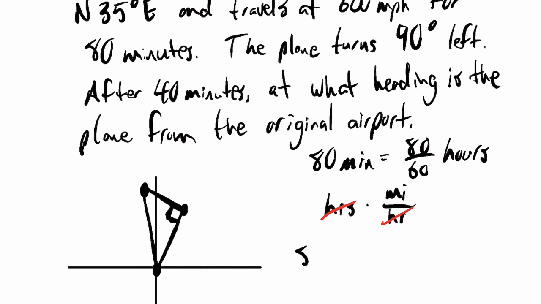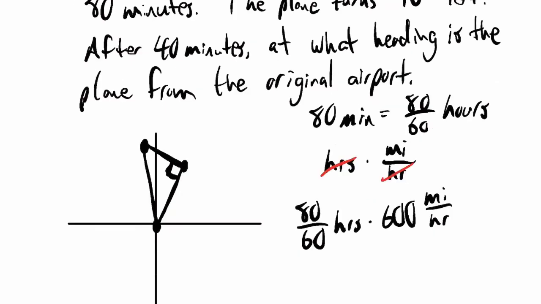So if I do 80 over 60 hours and multiply by 600 miles per hour, I can cancel the hours, and I'm going to get miles as a result. I can also reduce those two zeros, and then this 6 and this 6 reduce, and that becomes a 10. So 80 times 10 is 800.